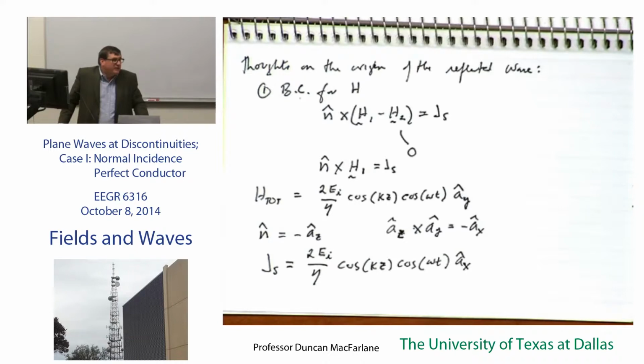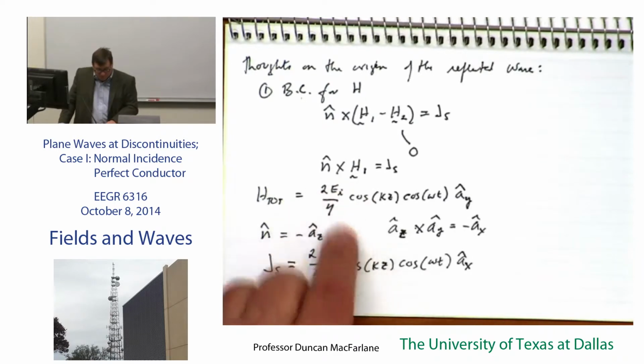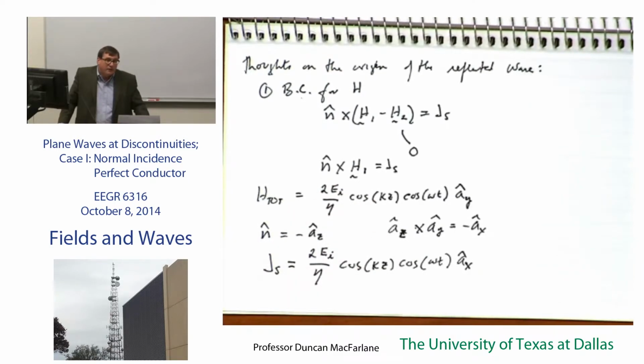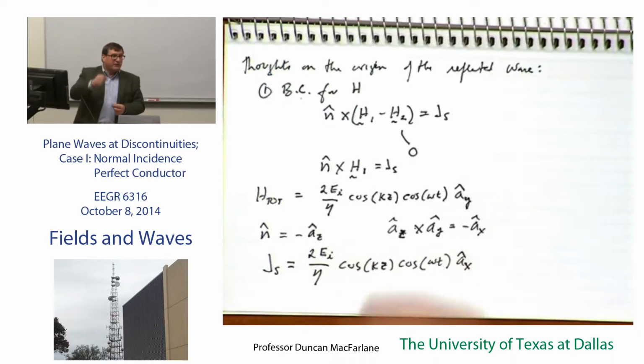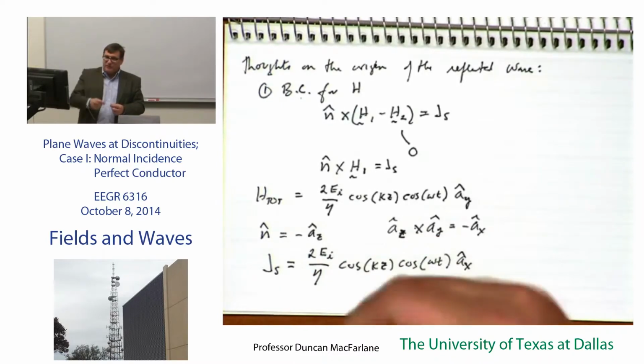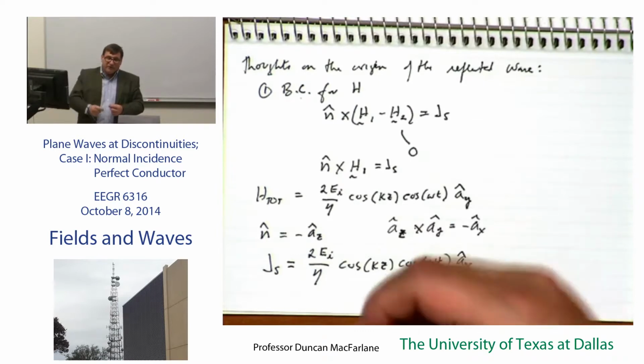The magnetic field comes onto the surface and kicks up the current in accordance with this cross product. And so the current that's generated is perpendicular along the surface to the magnetic field, but that's parallel to the electric field.